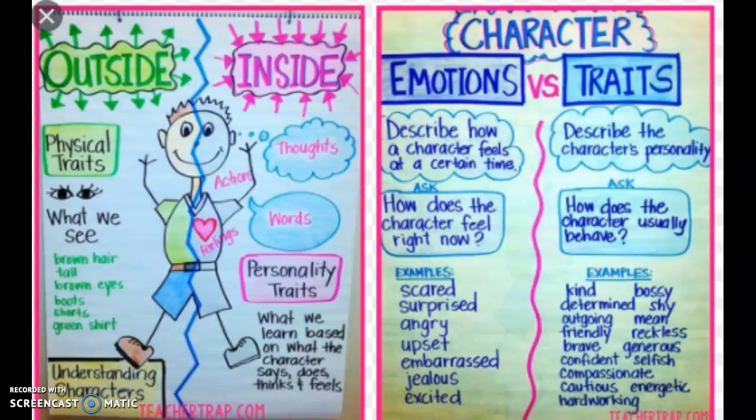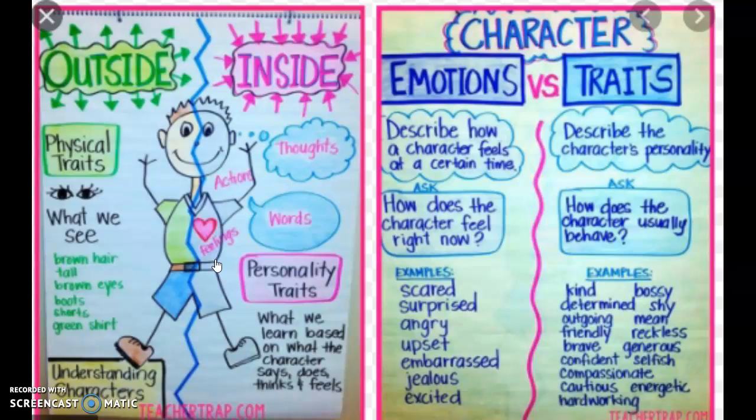But before we begin, I want to briefly talk about how we are going to be analyzing the characters and the relationships between them in our story today. We know that characters have inside and outside traits, right? We've talked about that before. And today what I want to submit to you is I want you to be thinking about each character's thoughts, their actions, their words, their feelings on the inside, right?